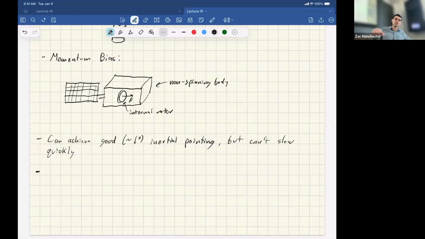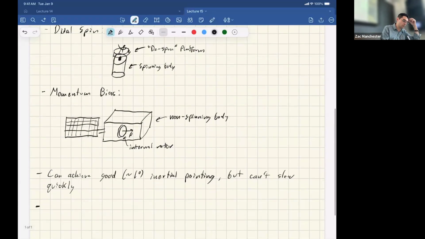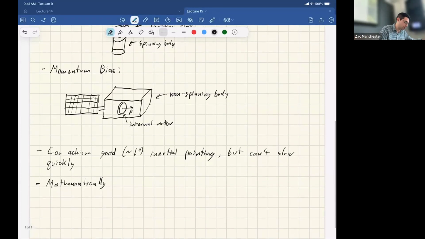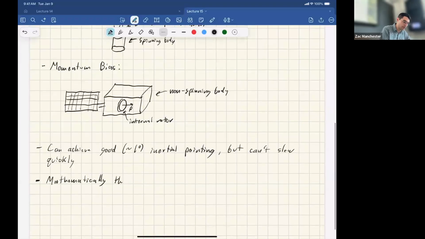Okay, so how about the model of these guys? These things mathematically are identical. They're both gyrostats with a big fat spinning part and a despun part. So in terms of modeling, they're identical, which is kind of interesting.